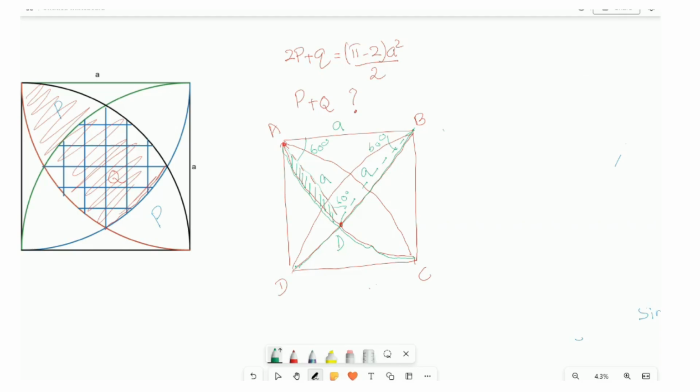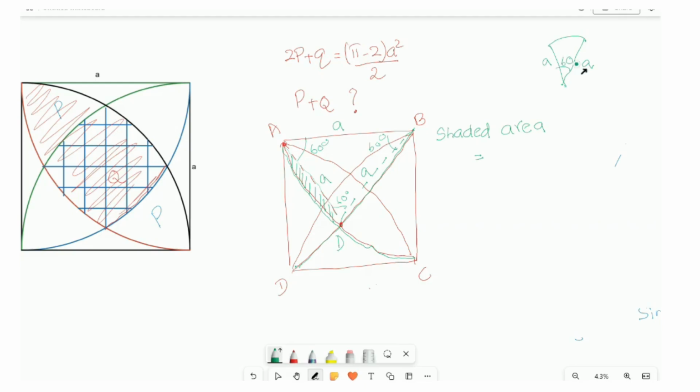So I will write here shaded area is equal to sector area. Sector is something like this. This is A, this is A. This angle is 60.